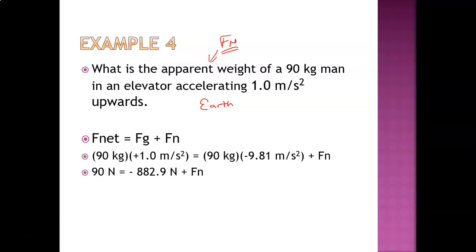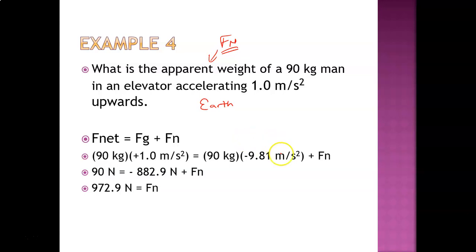And so what you get is 90 is equal to negative 882.9 newtons plus the normal force, or 972.9 newtons as your normal force. This would be your apparent weight. This person would feel heavier as the elevator is accelerating upwards. Not as it's moving upwards at a constant velocity, but actually accelerating upwards, right?